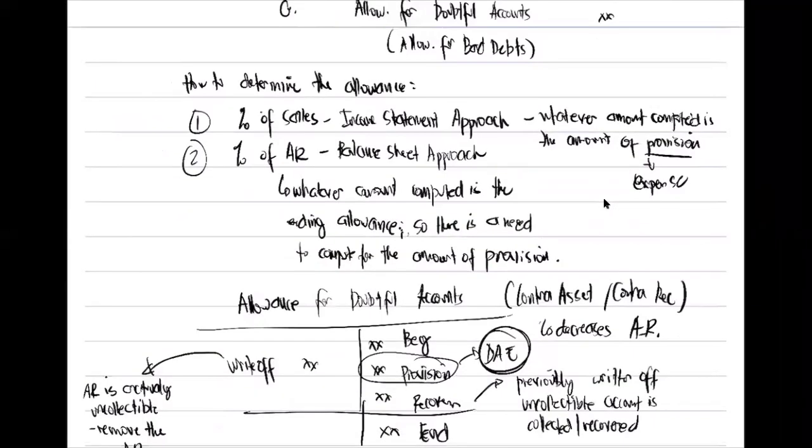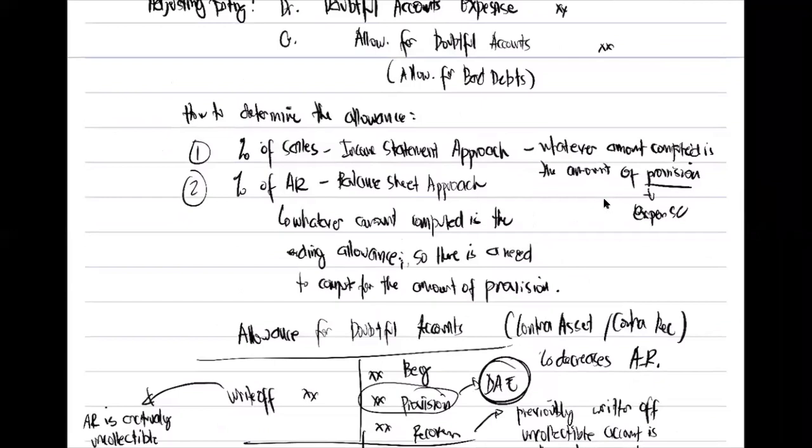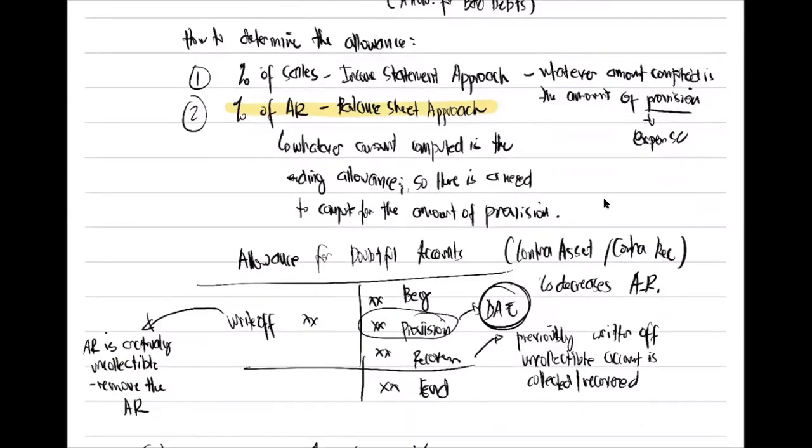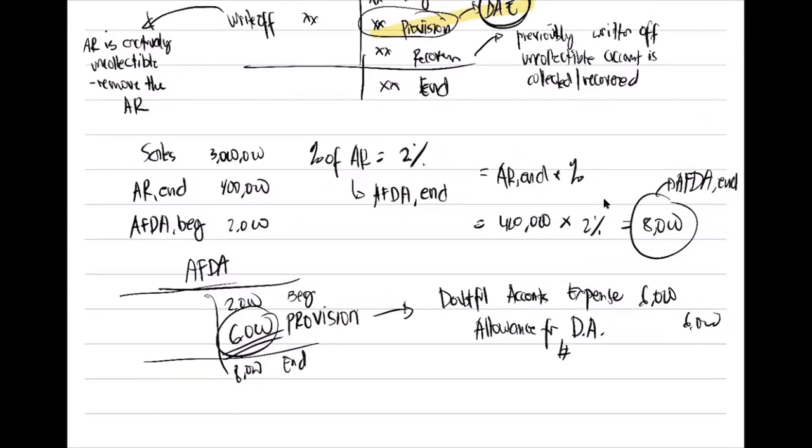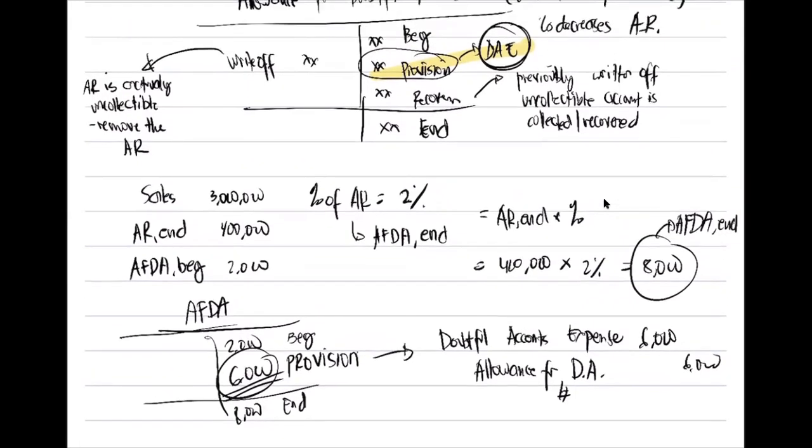Okay? So, ulitin natin. Sabi natin sa percentage of AR, balance sheet approach, whatever amount computed is the ending balance of the allowance. So there is a need to compute for the amount of provision. Bakit? Kasi nga yung provision yung ating doubtful accounts expense. So dito sa ating example, kinompute muna natin yung percentage of AR. That is 400,000 multiplied by 2%, 8,000. Tapos, i-compute natin after yung provision. Paano natin i-compute yung provision gamit yung T account na tinuro natin kanina?